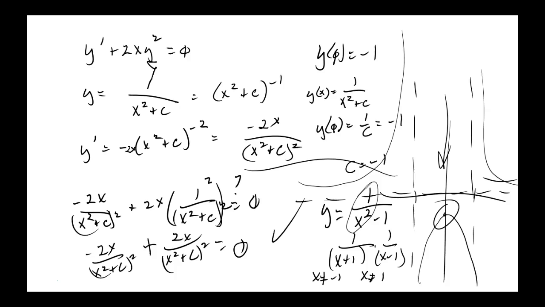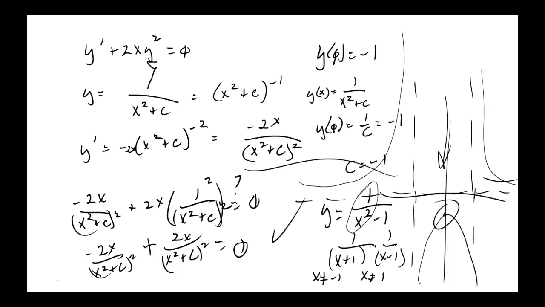We now emphasize the following 3 distinctions. Considered as a function, the domain of 1 over x squared minus 1 is the set of real numbers for which it is defined, and that would exclude x equal to plus 1 and minus 1. So that would be any old curve that looked kind of like that. Okay?